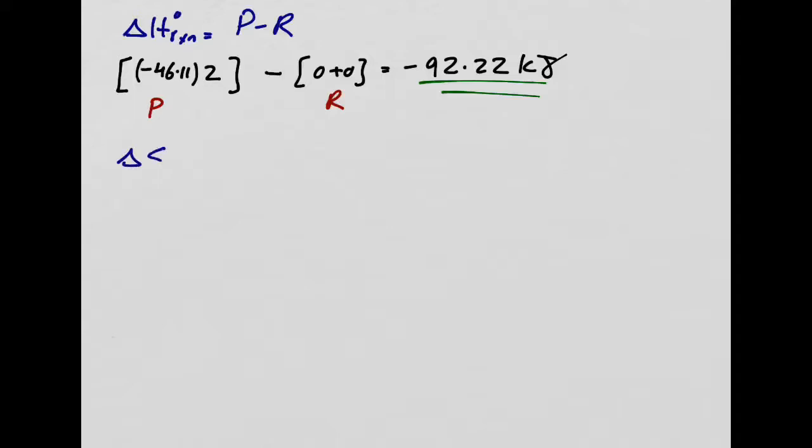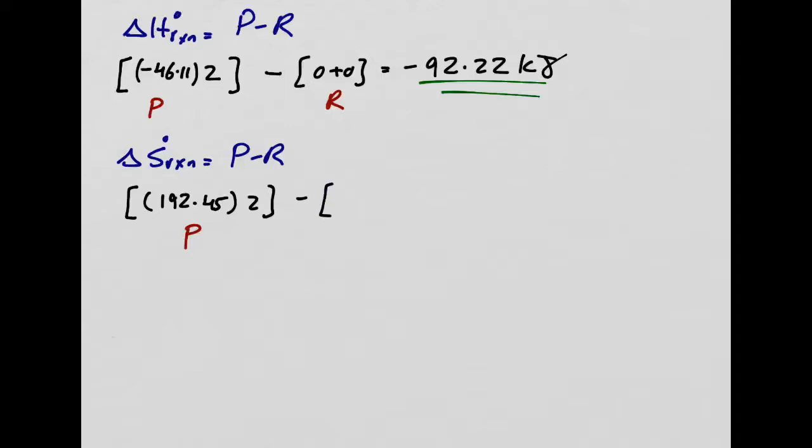Now, to do delta S of the reaction, the same thing. Product minus reactant. I'm going to add up all the product: 192.45 times 2. That's my only product.